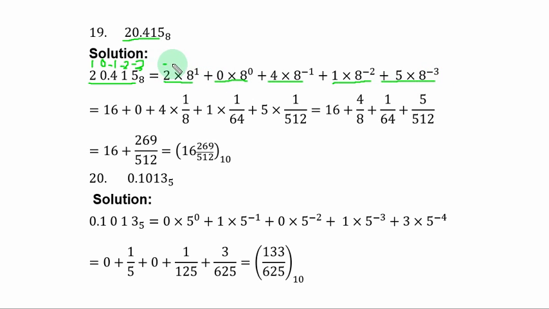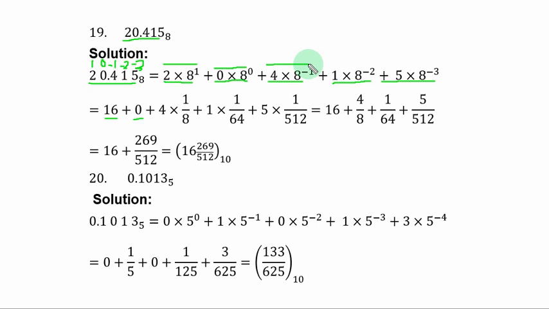If you simplify this, 8 power 1 is 8 times 2 is 16. 0 times 8 power 0 is 0. Then you write this as 4.